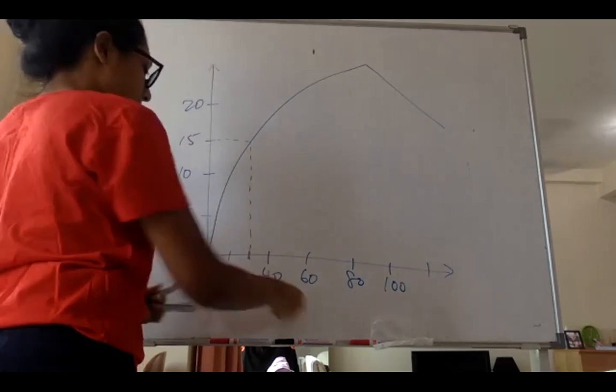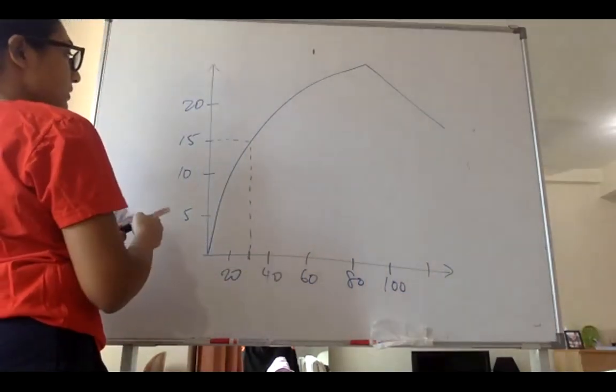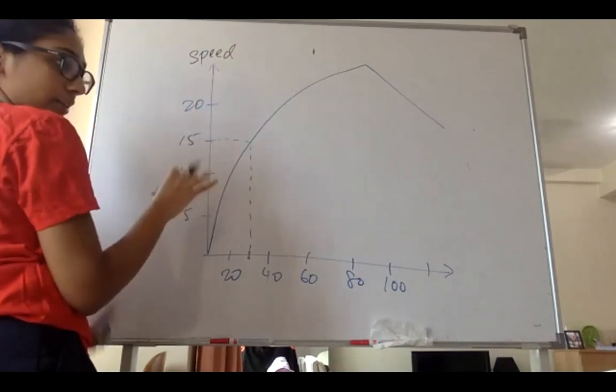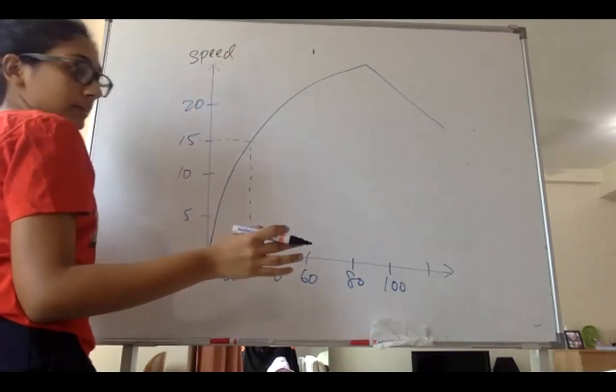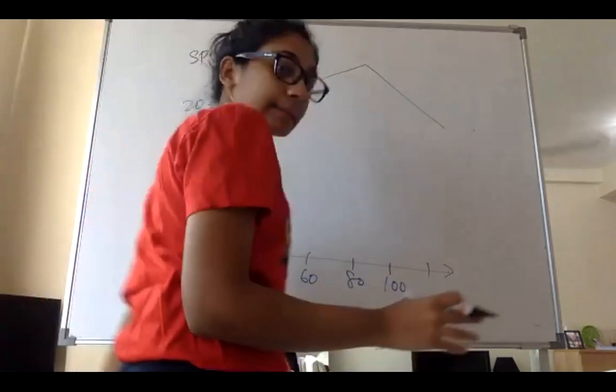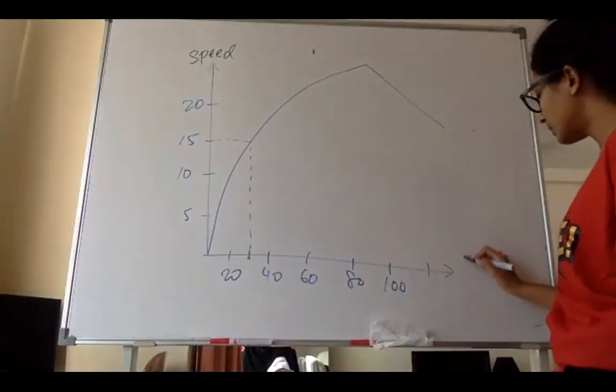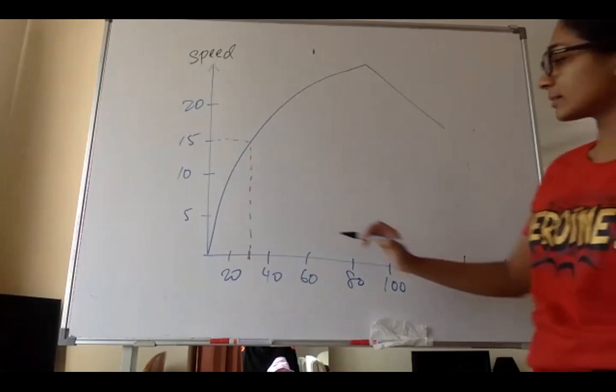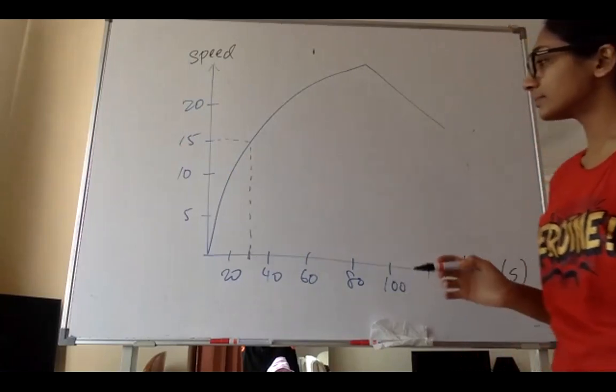Look at the graph. At 30, what is the speed? 15. This one I simply drew, it's not according to scale, so you'll have to look at the graph to properly know. What is the speed at 30 seconds?